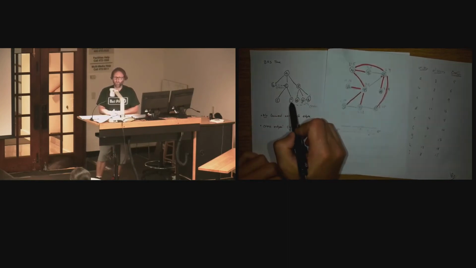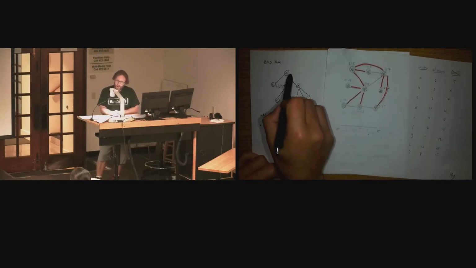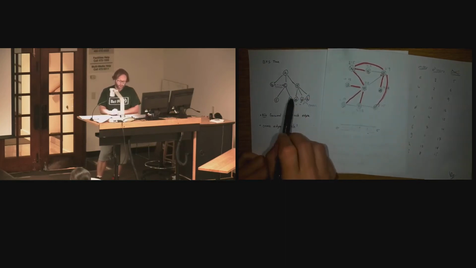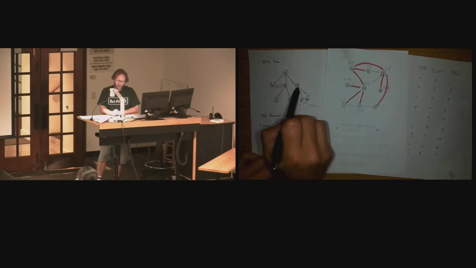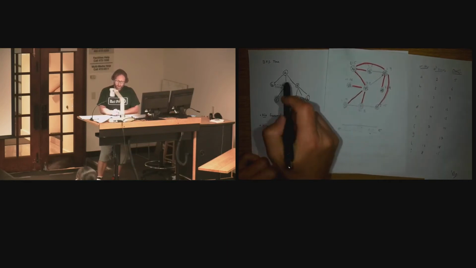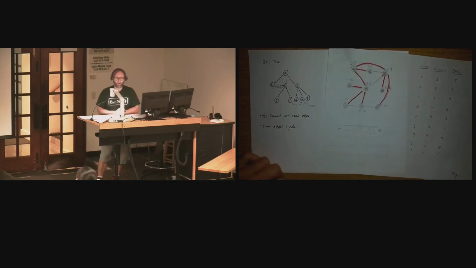BFS computes that. In fact, from A, the shortest distance to any other vertex is captured in this tree. The shortest distance from A to any of these, well, they're all directly connected, so there's only distance 1. The shortest distance from A to every other vertex is at most 2. And the BFS tree tells you how to get there.